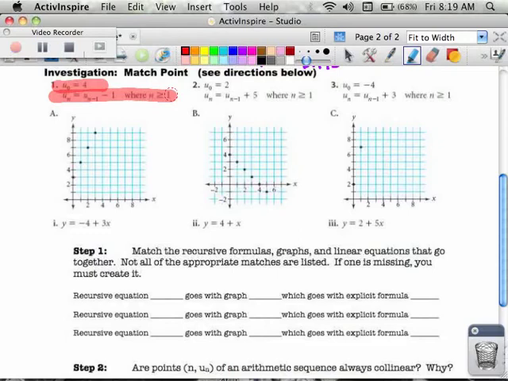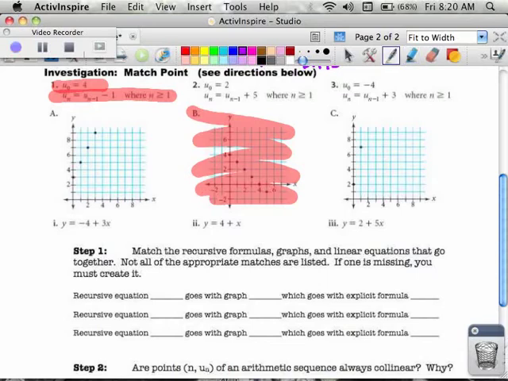Is there a matching graph? B is correct. So the B graph matches with that recursive equation. Is there an explicit equation that matches? No. So what we're going to have to do is create our own.